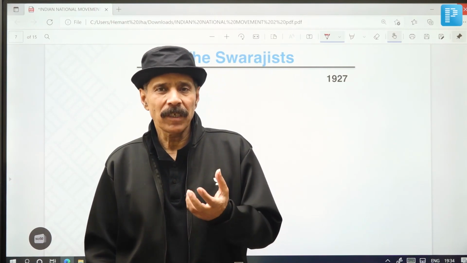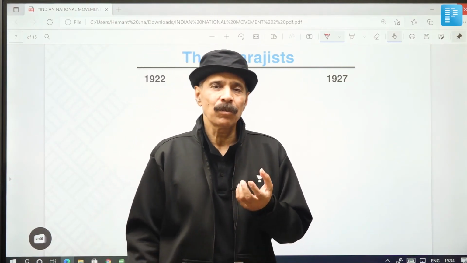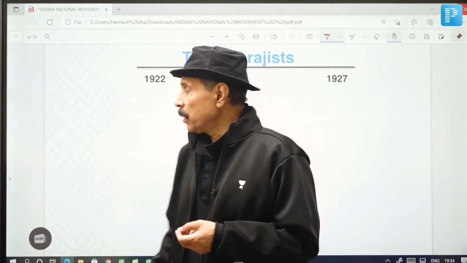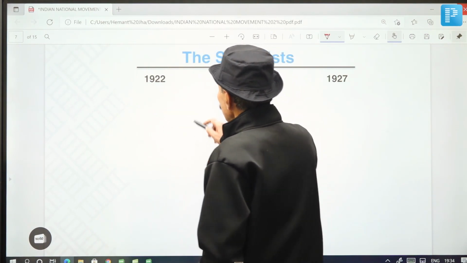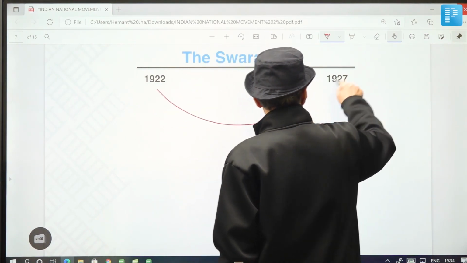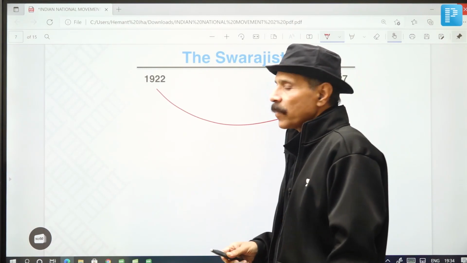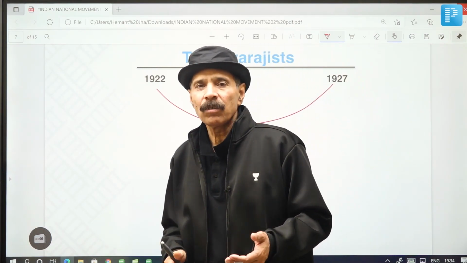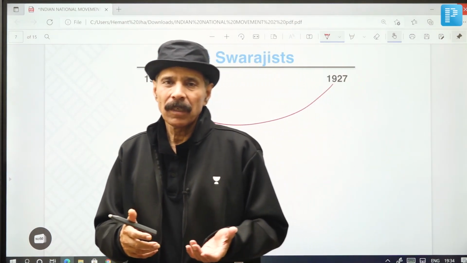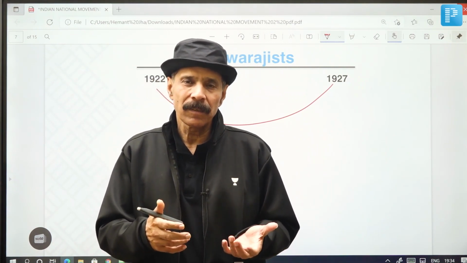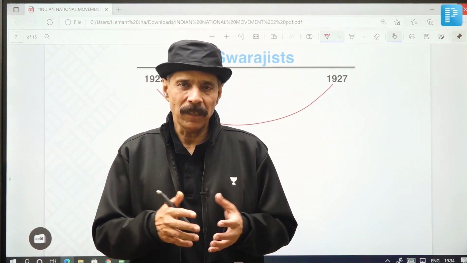So this politics is known as Swarajist constitutional politics that began in 1922 and ended in 1927. Later, Gandhiji also allowed the Congress leaders to participate in elections.